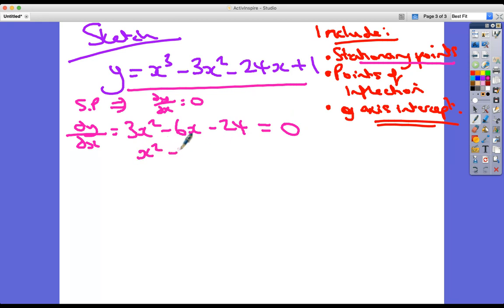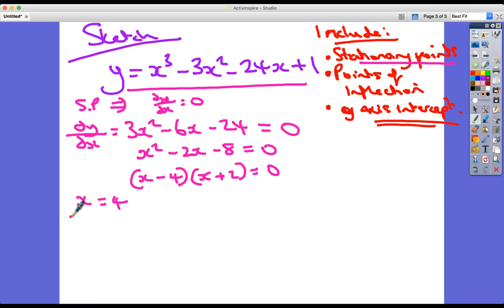So x squared minus 2x minus 8 equals 0. Let's see if it factorizes to find my x coordinates. I think it's going to be (x minus 4)(x plus 2). So I've got two x coordinates. They're 4 and -2.